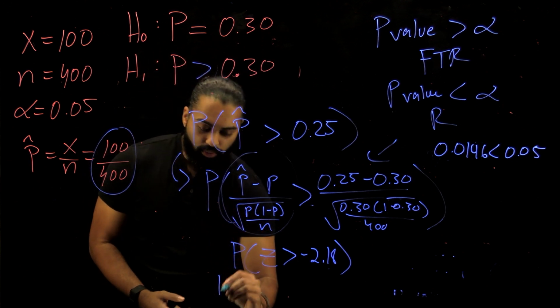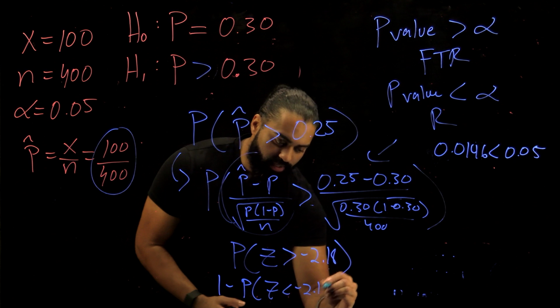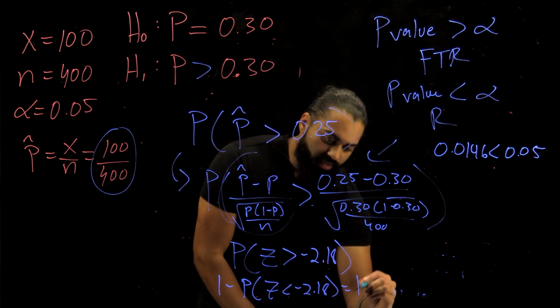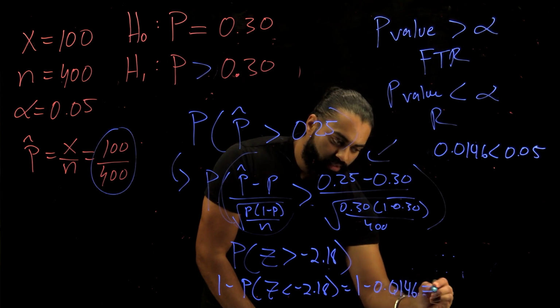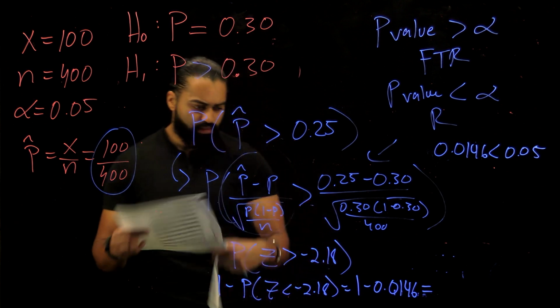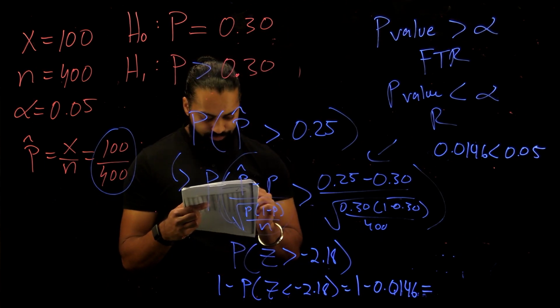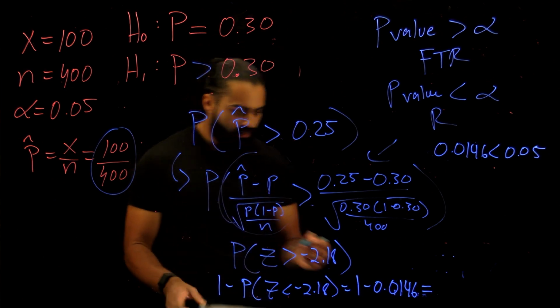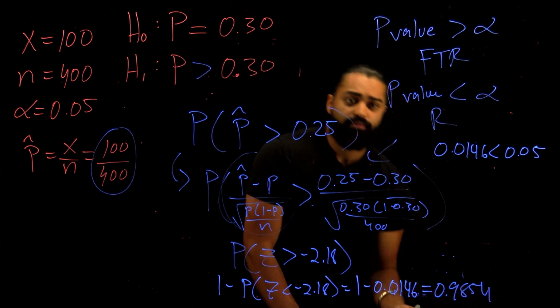So that's 1 minus the probability that z is less than negative 2.18. That reduces down to 1 minus 0.0146, and the value for that should be 0.9854. So this is your new p-value.